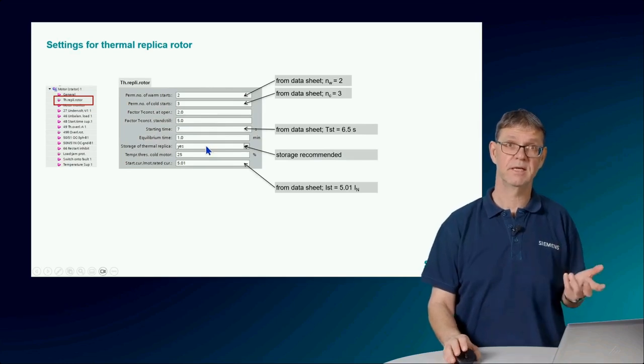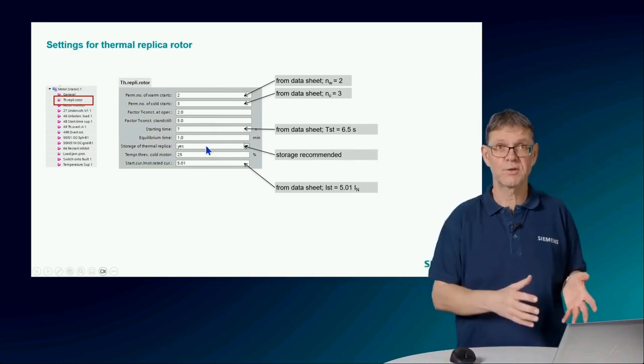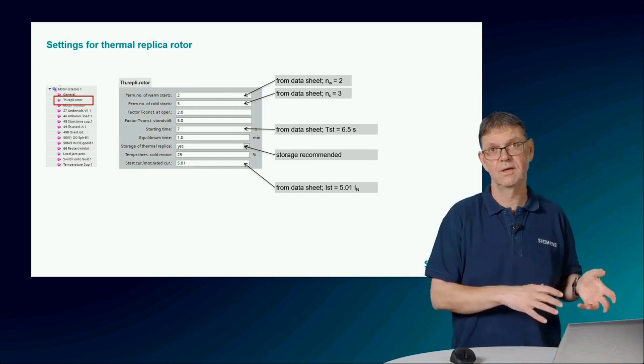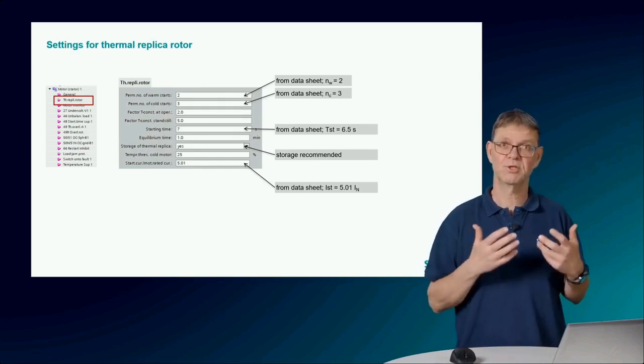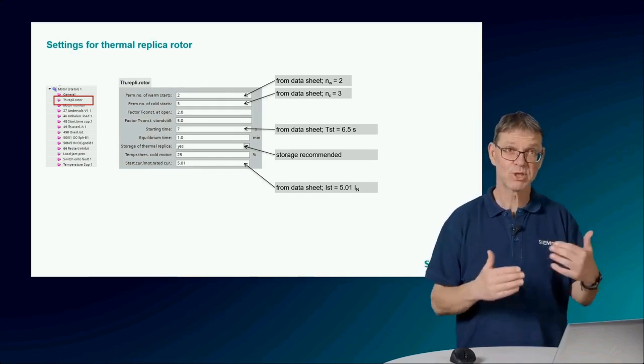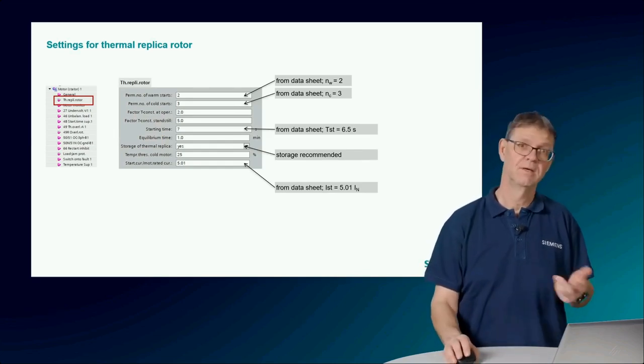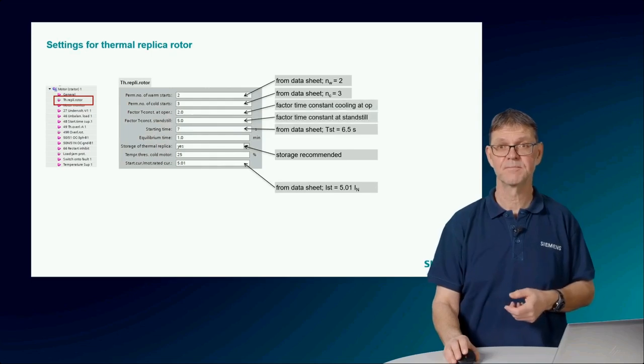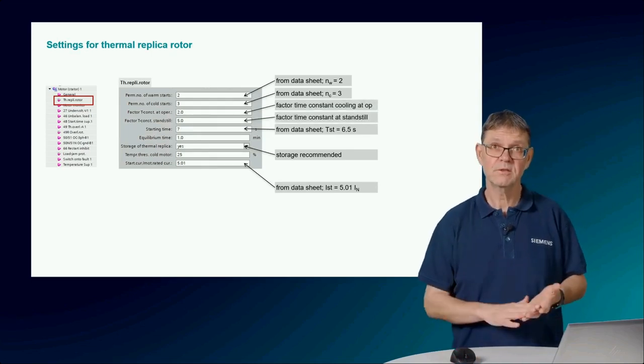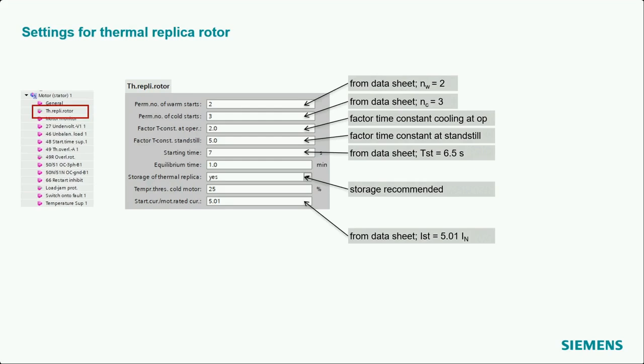Then we have a setting for whether you want to store the thermal replica or not. We recommend always switching it on so that the temperature is stored in case there's an auxiliary power failure. Therefore, we are on the safe side. Then we have 2 more factors. If the motor comes to standstill, the cooling goes down much more slowly because the rotor is at standstill and there's no ventilation.